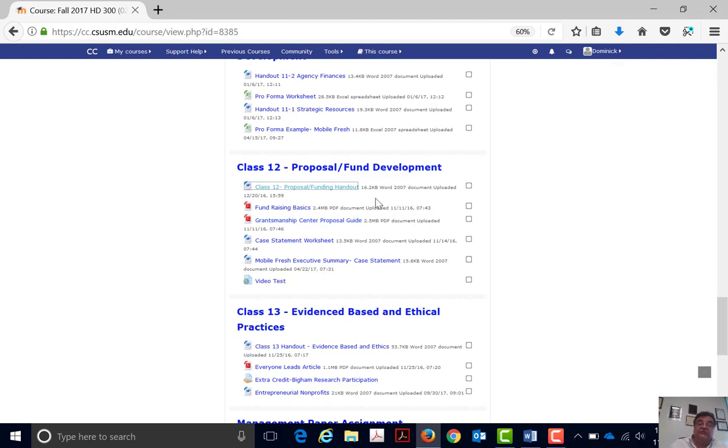So if you look at all of this, it should give you a good idea of how you not only do the case statement, but how you're able to tell the story about the project and the organization you're developing. This particular item will be replaced with the video that you're seeing, and so you just click on it and it should take you there.